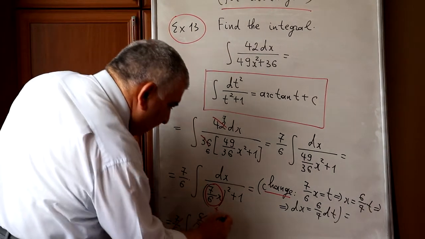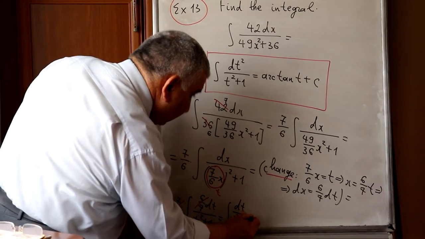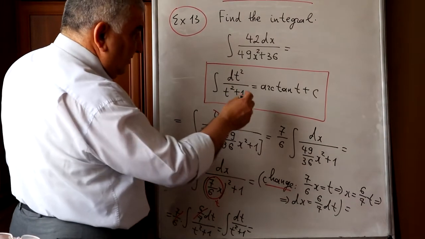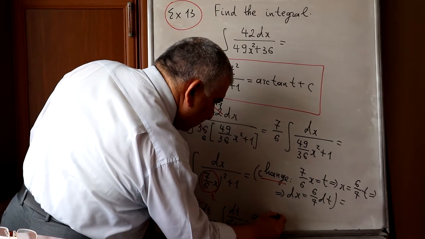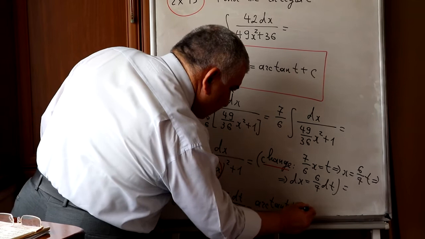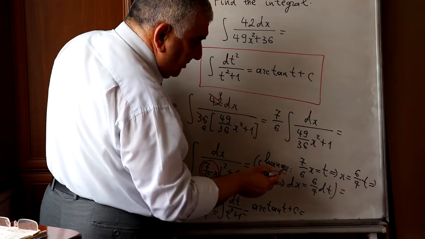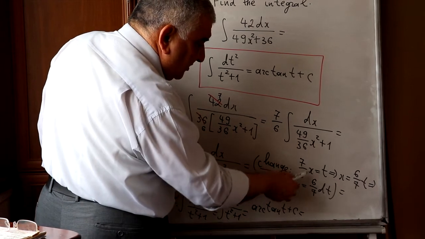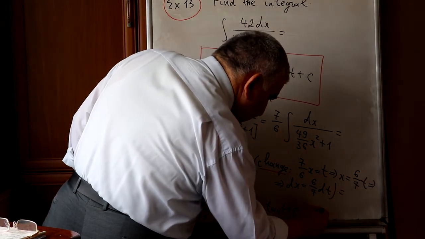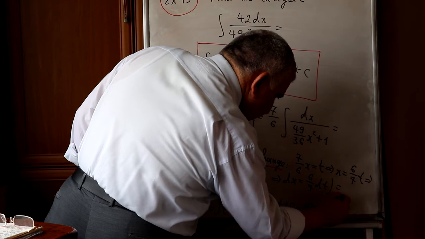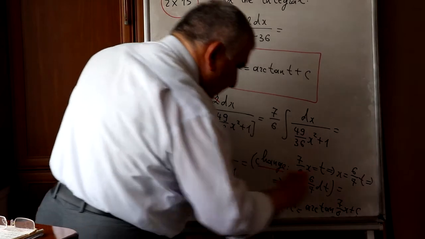Then we have integral of dt over t squared plus 1, and according to the table integral, it is arctangent t plus c. Then return to the given variable x, substitute 7/6x instead of t, and then we will have arctangent 7/6x plus c. It is our answer.